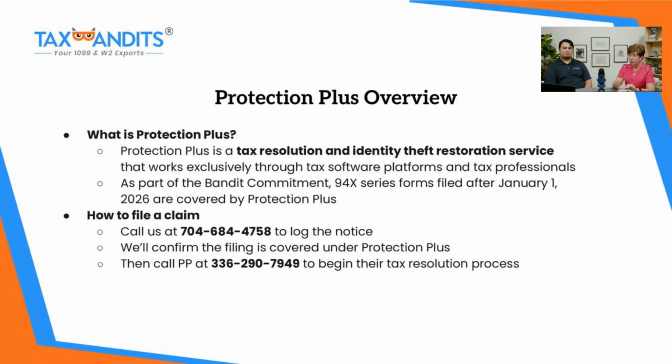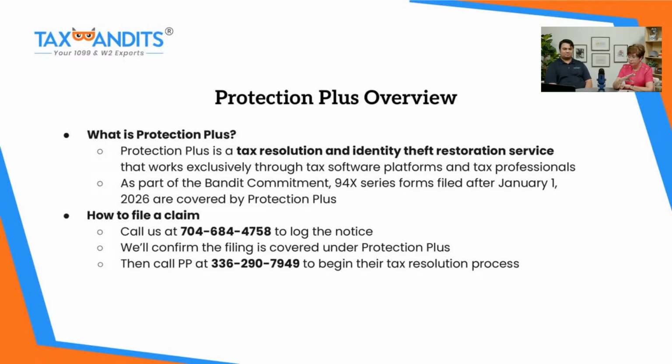We're going to confirm that the filing associated with the notice is covered under Protection Plus. That would be any filing that you completed from January 1st, 2026 going forward.